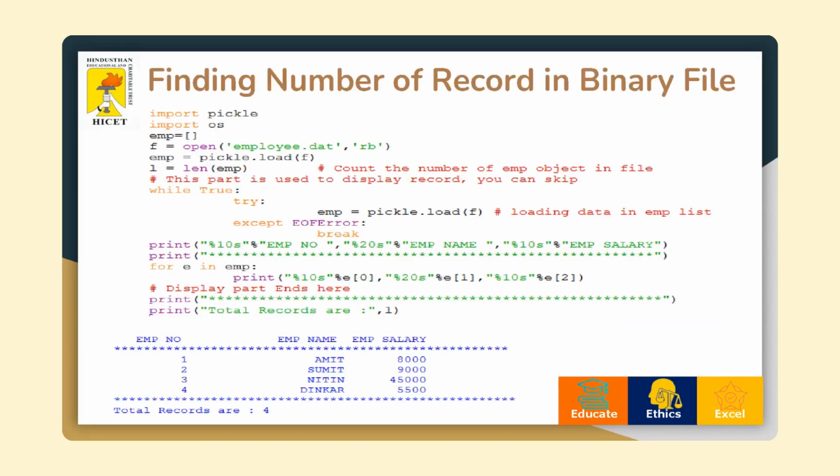In the same way, I can find the number of records in the binary file just by using the length function on the list. I can tell how many records are stored in the binary file. Just by using the load method, I'm going to load all the data into the list emp, and with the help of the length of emp, I can tell the number of records present in my binary file.